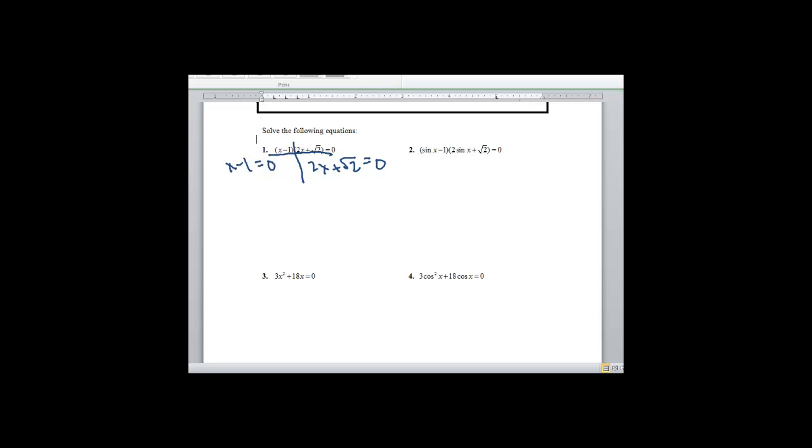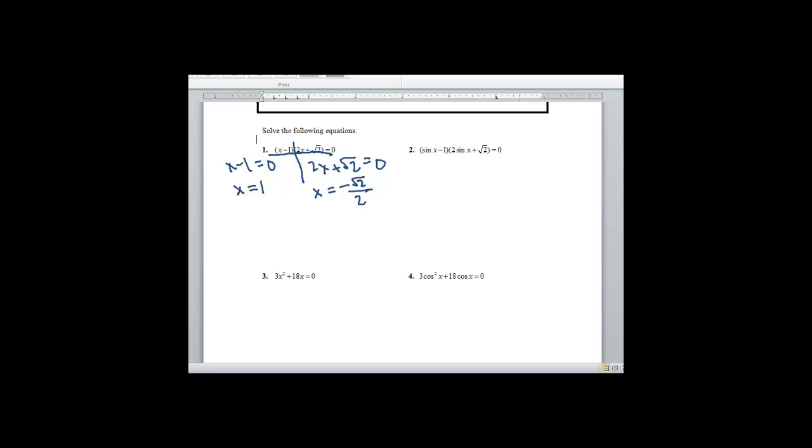Then you just solve. In this case you're going to get x equals 1, and in this case you're going to get x equals negative radical 2 over 2. That was just direct application of the zero product property.